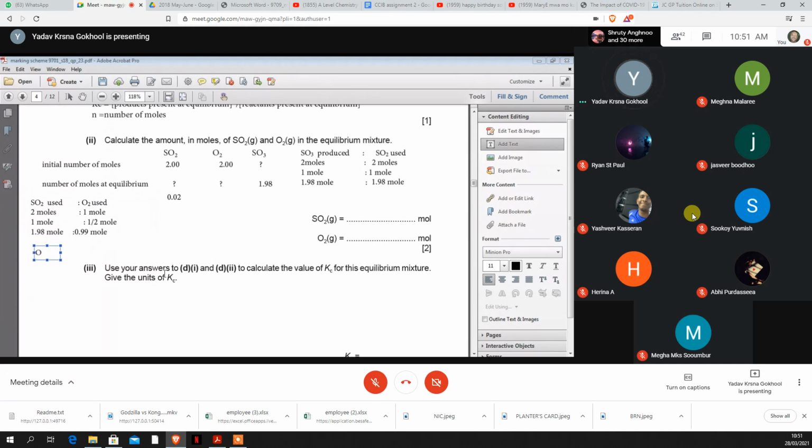So for the remaining O2, it is 2.00 minus 0.99. So here, let's write it down here.